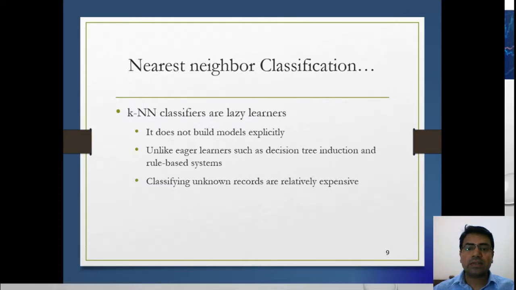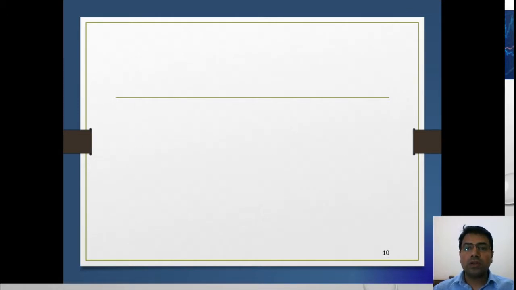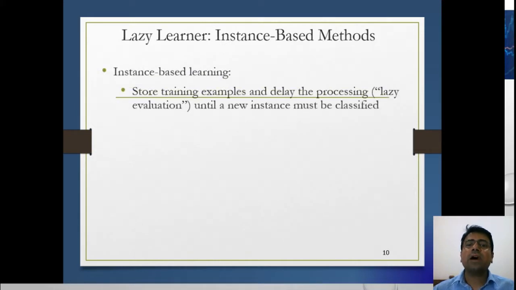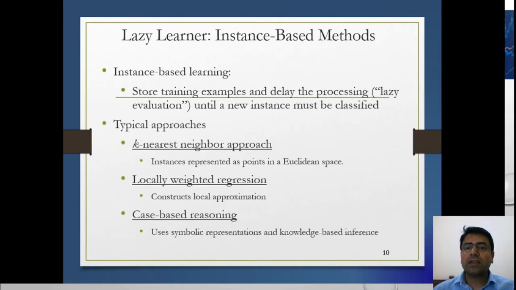But lazy learners don't provide any model until an unknown sample appears. They are also called instance-based learning, and they delay processing any data until a new instance is to be classified. Typical approaches in instance-based learning are the k-nearest neighbor approach, locally weighted regression, and case-based reasoning.